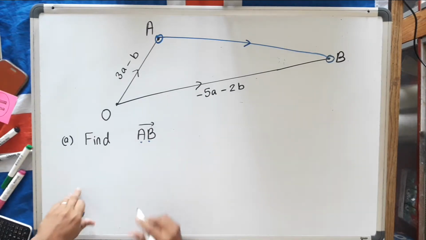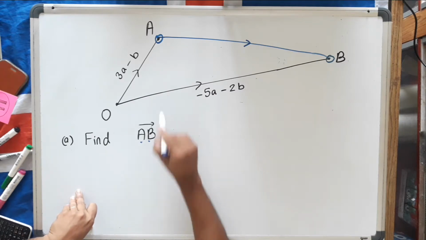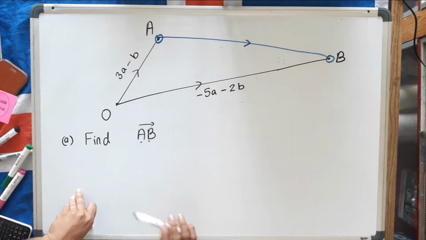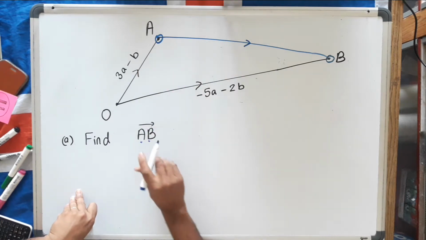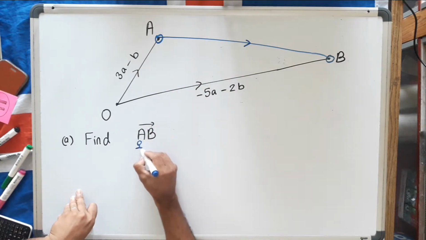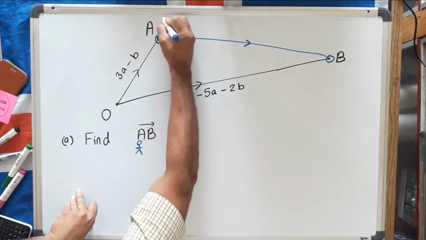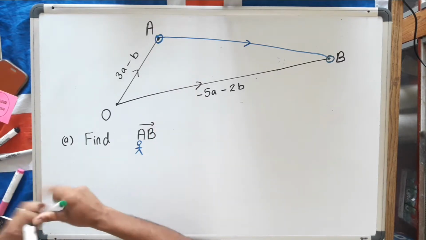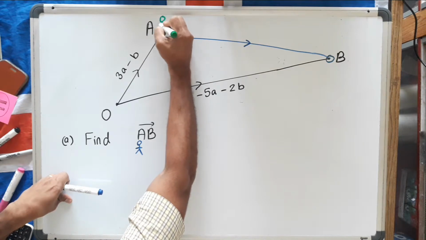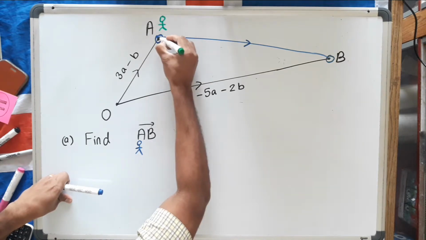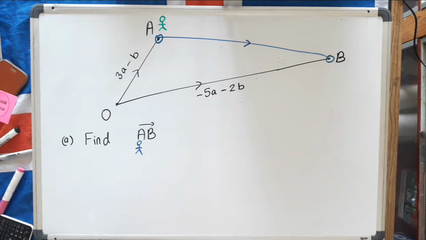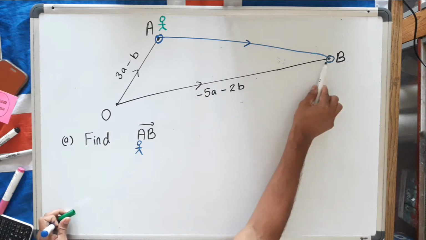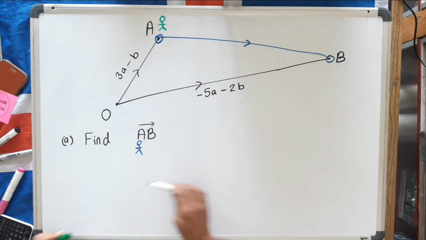Anytime you draw a vector, figure out the direction of the arrow. So here's what you want to do. You want to imagine that each line here is a road. There are 3 roads: 1, 2, and 3. And you are standing at point A. So I'm going to draw a man standing at point A here. And you are trying to walk to point B. Now, the easiest way to walk from A to B is just to walk from A to B, right?